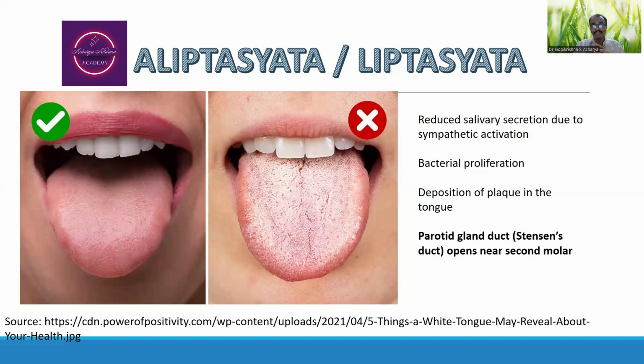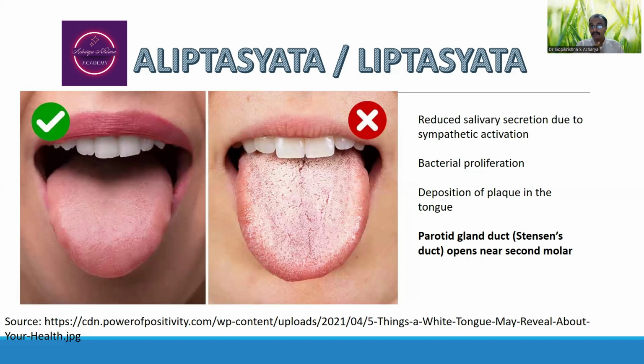When the person is having fever, the person will be having reduced digestive secretions, and that includes salivary secretions too. Because of that, the person will be having proliferation of pathogenic bacteria in the oral cavity.